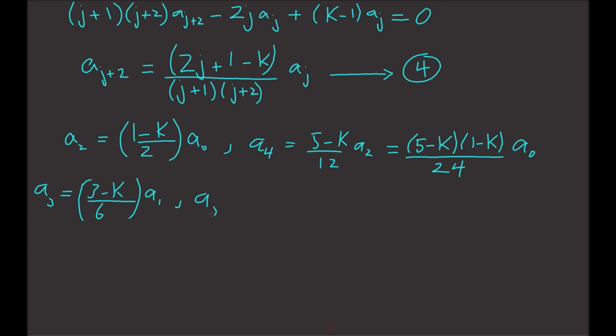A sub 5 is equal to 7 minus k divided by 20 times a sub 3.